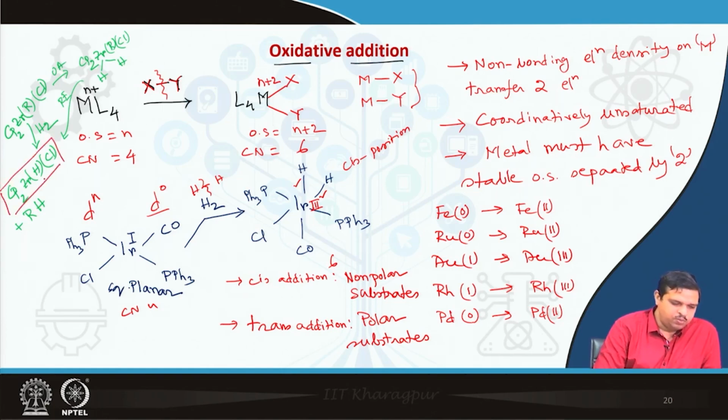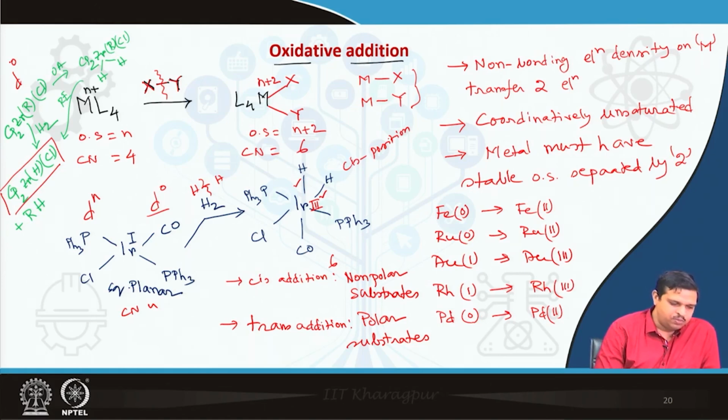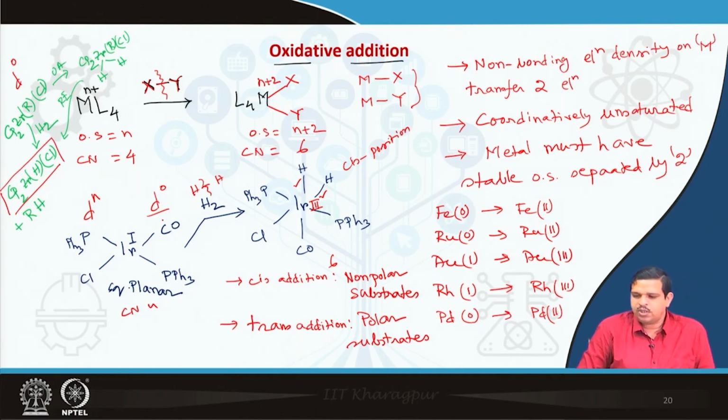Why? Because this is a d0 system, you see the oxidation state. So, that means it cannot undergo the oxidation. You have to be careful that, as I told, there should be non-bonding electron density on the metal center, otherwise it will not go through oxidative addition.